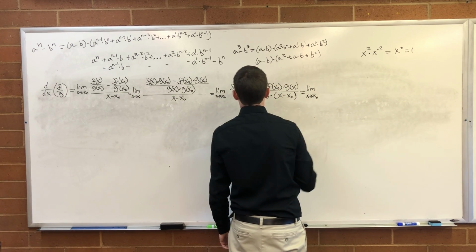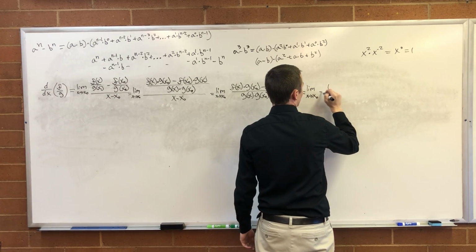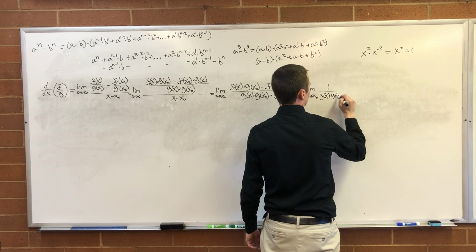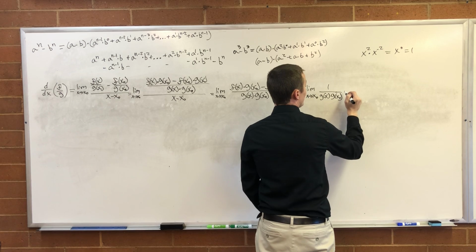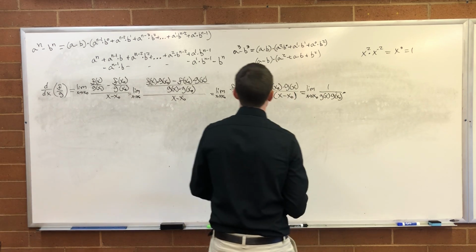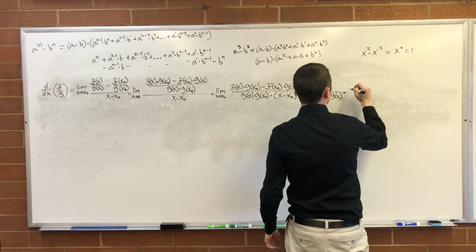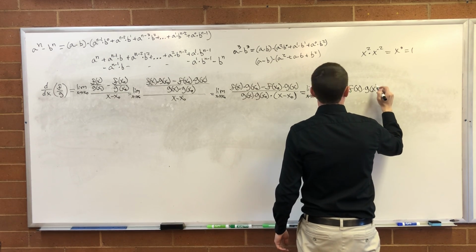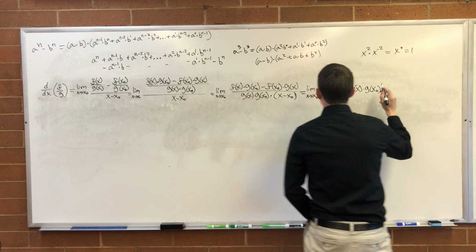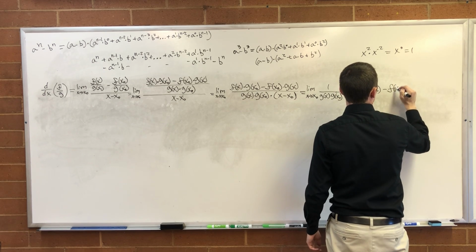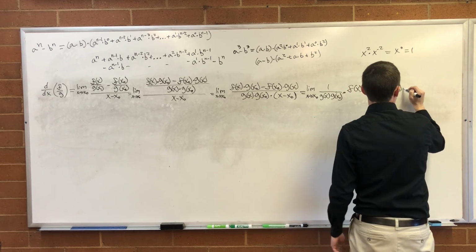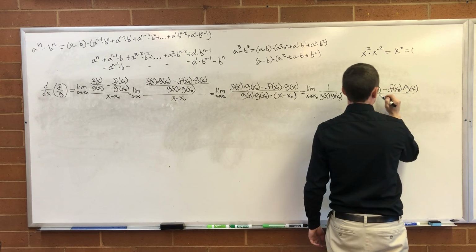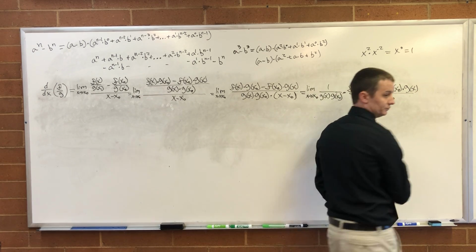So x approaches x naught, so we'll do 1 over g of x times g of x naught times this thing now. f of x times g of x naught minus f of x naught times g of x all over x minus x naught.